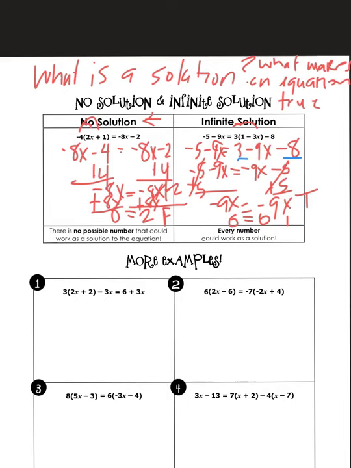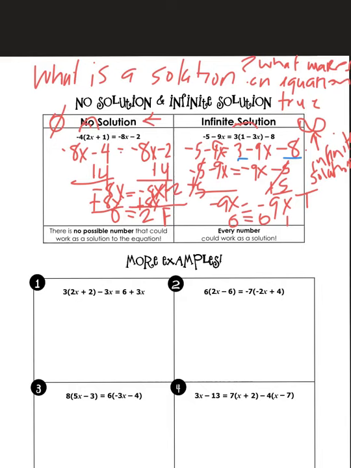There we go. All right, a sideways 8 is the infinite solutions. And for no solution, we're going to put a circle with a line through it.